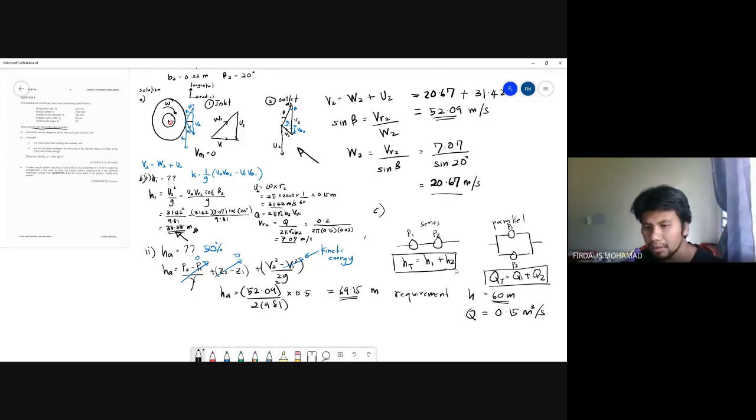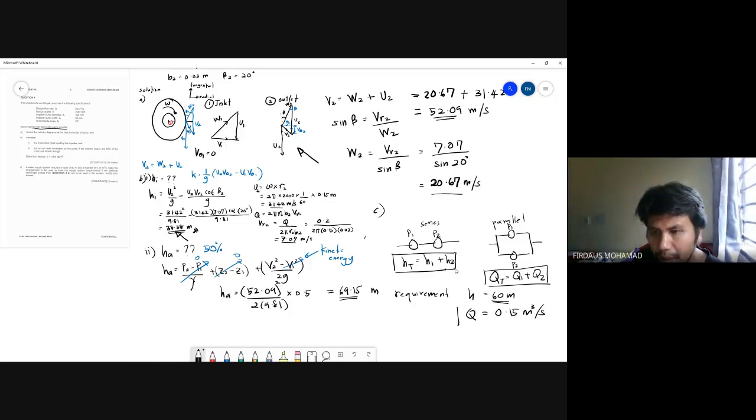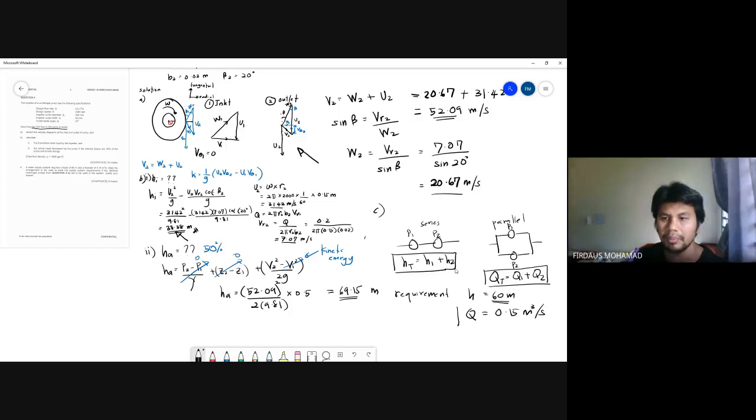And then the flow rate required, Q required, is 0.15 meter cube per second. Our design flow rate is 0.2 meter cube per second, so still in the range of our design flow rate. Maknanya kita just guna these two pump and install in series. Kenapa tak boleh install in parallel? Sebab if you install in parallel, you will get over design.